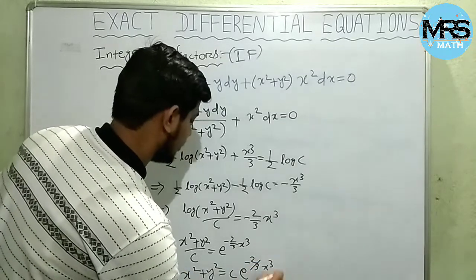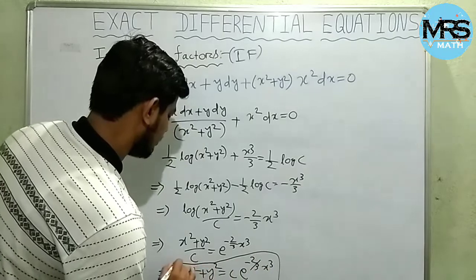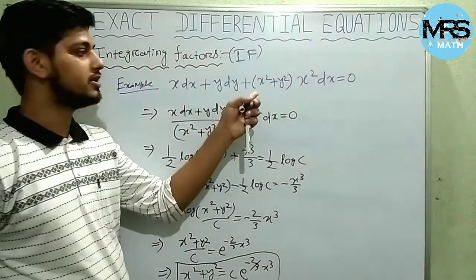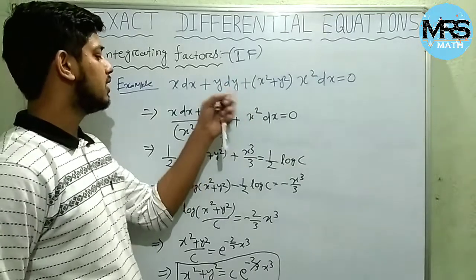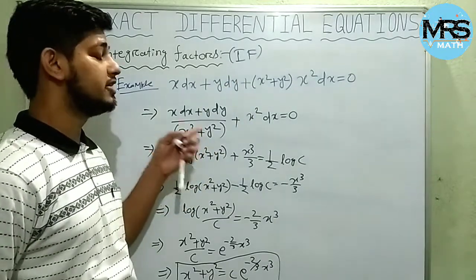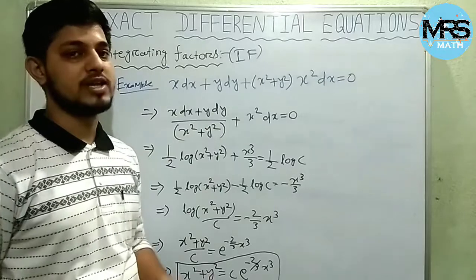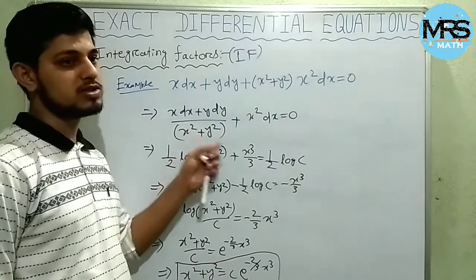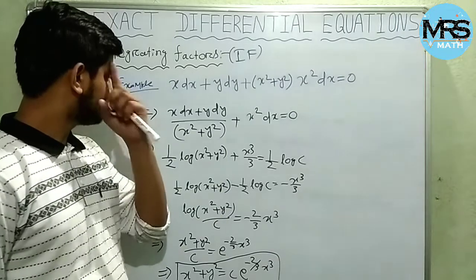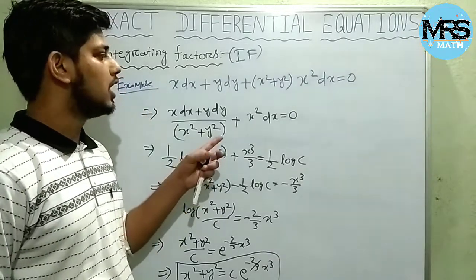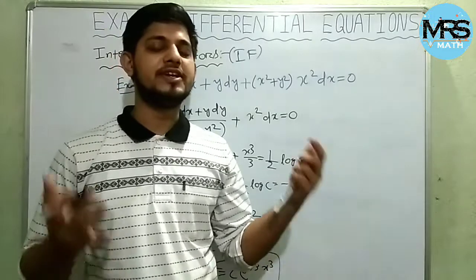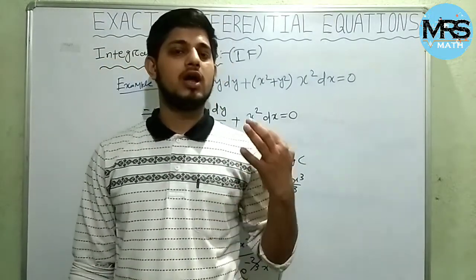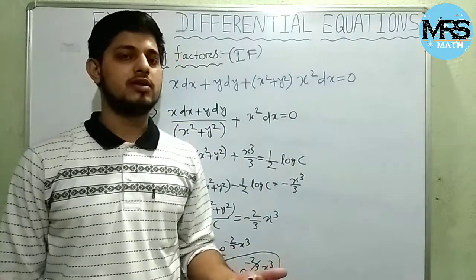So this will be the solution of the non-exact differential equation, and we solved this by dividing by x square plus y square. So here the integrating factor is 1 over x square plus y square, right? To find this type of integrating factor, there are some rules. One by one we will understand with examples.